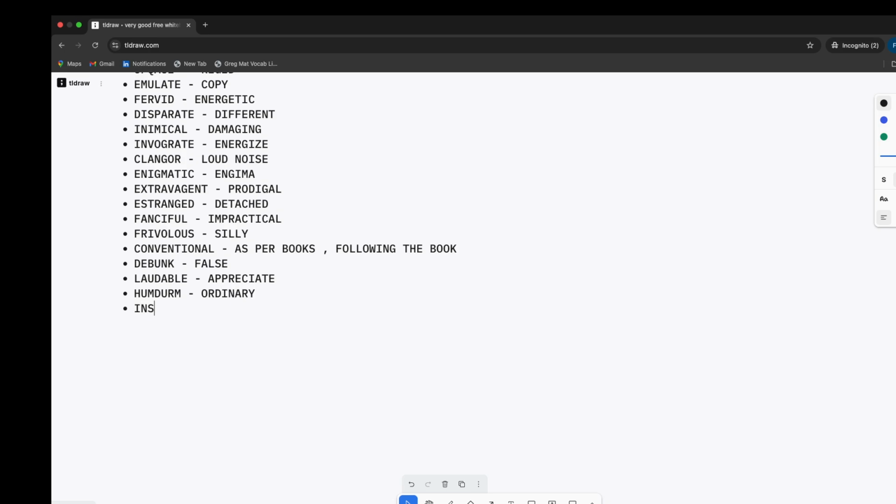Then you have insipid, which is again calm. Misanthropic is the opposite of philanthropic, not liking humans, and philanthropic is a person who likes humans. Okay. Placate is to calm, pacify.